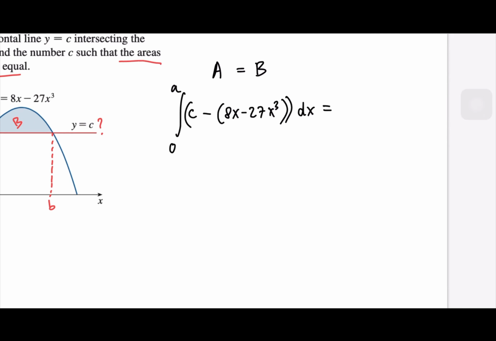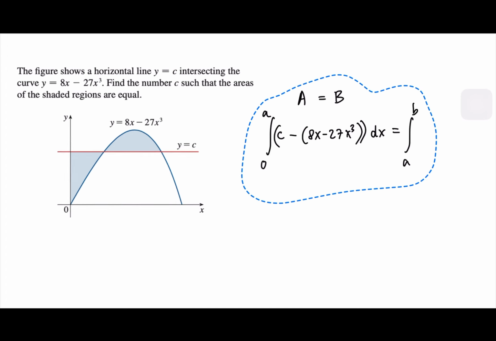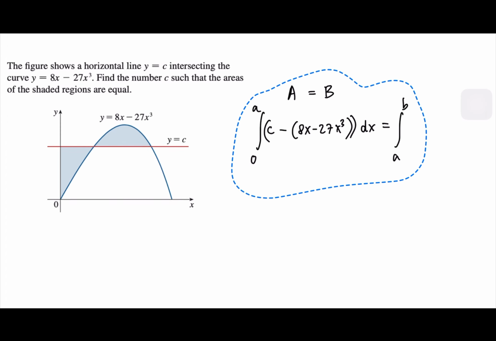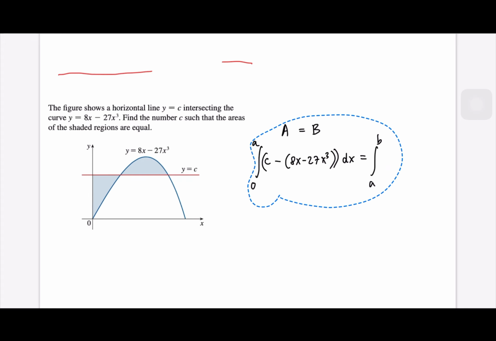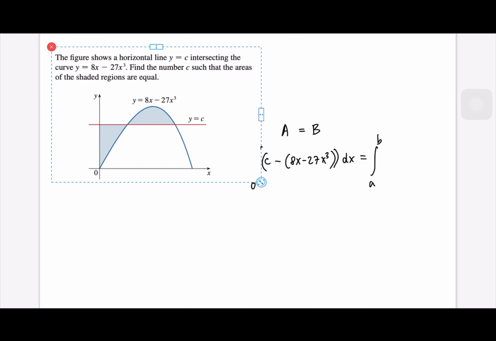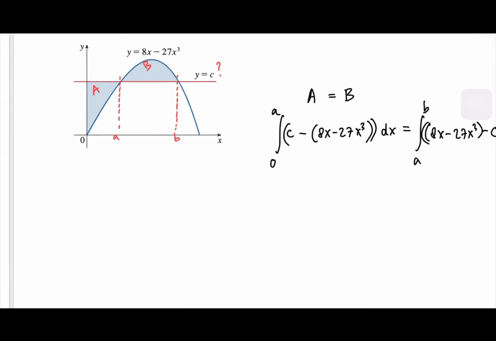It's equal to the integration from a to b of 8x minus 27x cubed minus c, dx. Let me change the color.